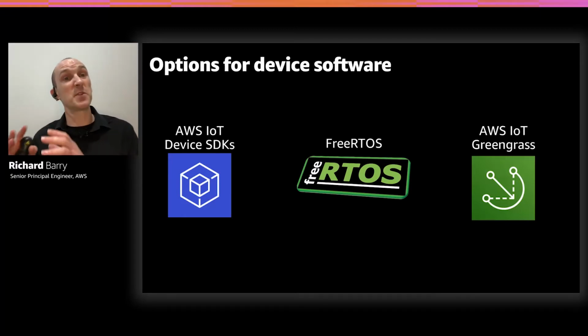On the right-hand side, we're showing AWS IoT Greengrass. Now, this is for much larger microprocessors, with megabytes of memory. And they're obviously a lot more capable with compute, but in addition to that, Greengrass does a lot more in regards to things like messaging management, data management, synchronization.